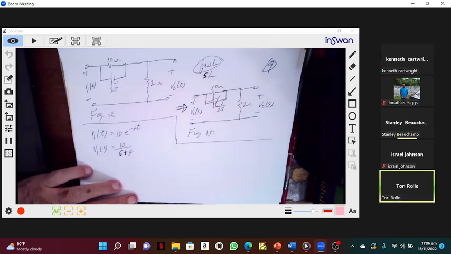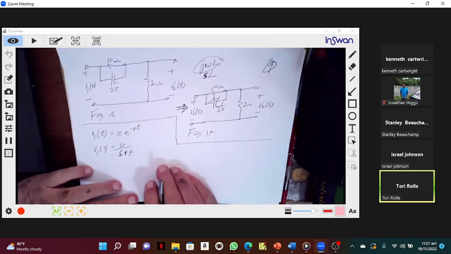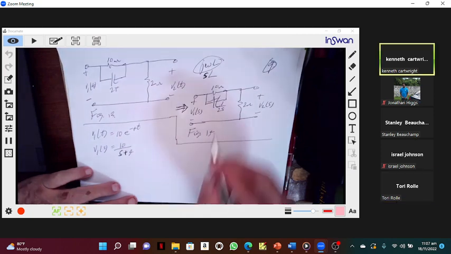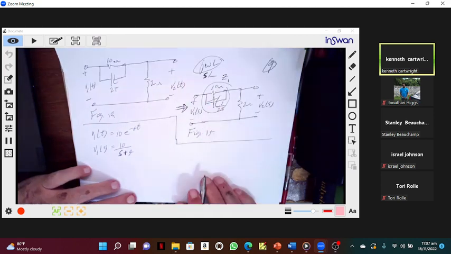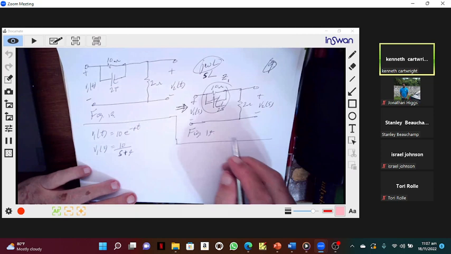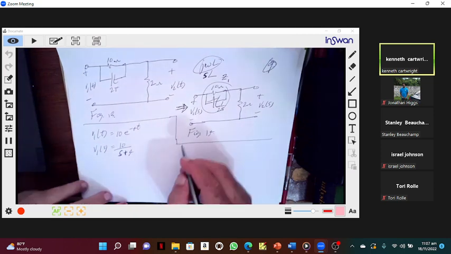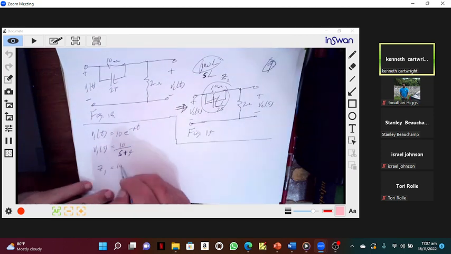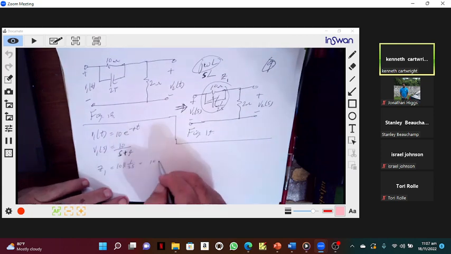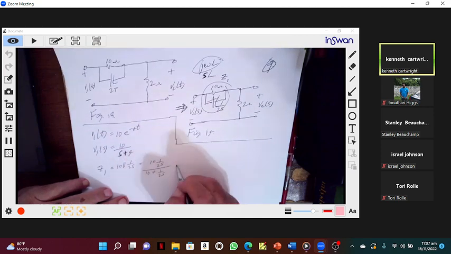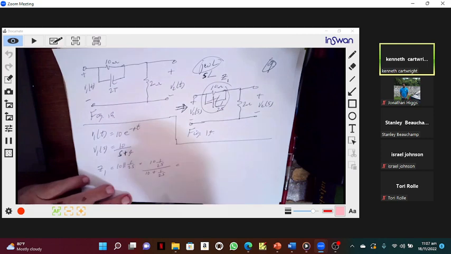The 10 ohm resistor and the impedance of the capacitor in parallel. Work that out first. So let's call that Z1. So we simplify. Z1 equals 10 in parallel with 1 over 2s. It's 10 times 1 over 2s, over 10 plus 1 over 2s. Multiply top and bottom by 2s.